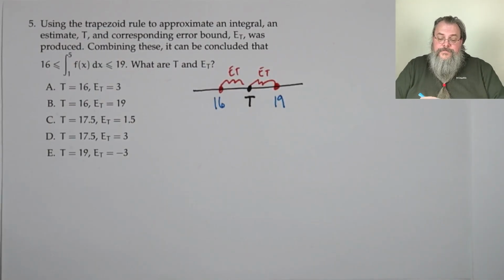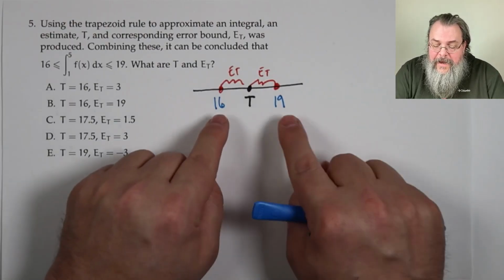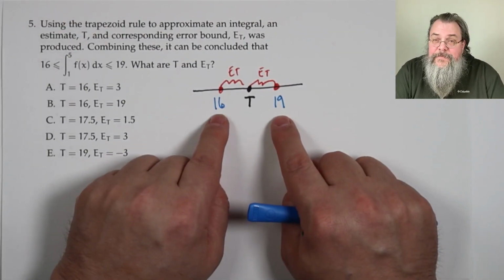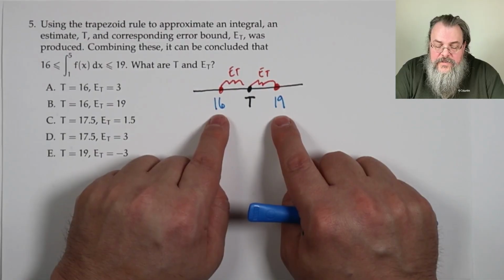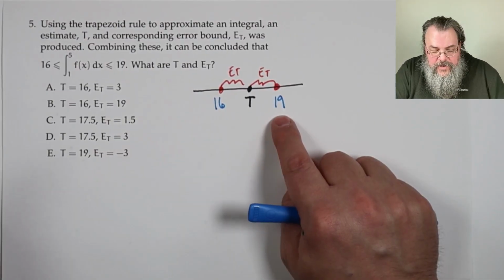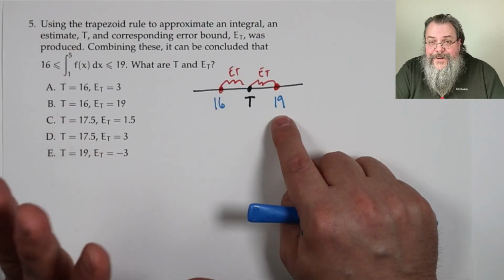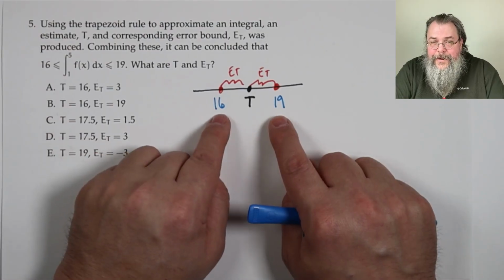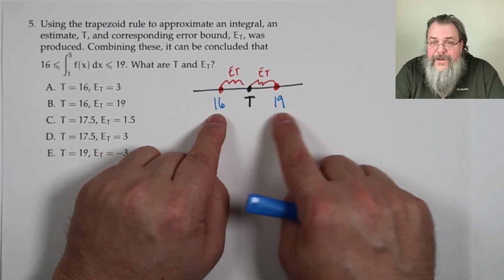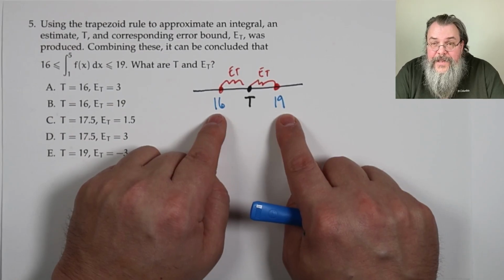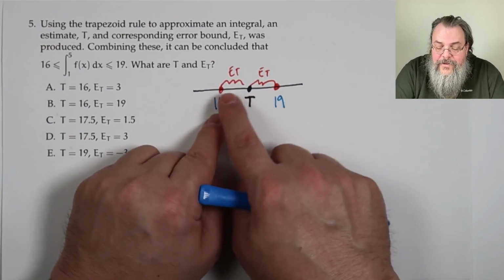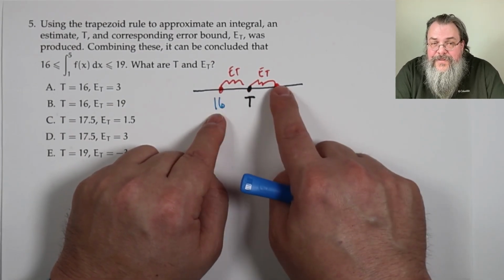So, how can we find things? Well, we can think about how far apart 16 and 19 are. And the answer is 3. Now, quickly, you might say, oh, I see 2 places that are 3. But wait a second, hold on. 16 and 19, is that the size of our error? Is 3 at most what our error can be? No, because notice how we actually go 2 steps.